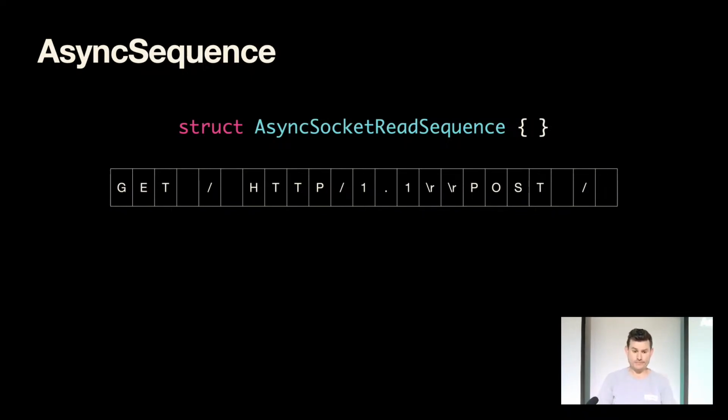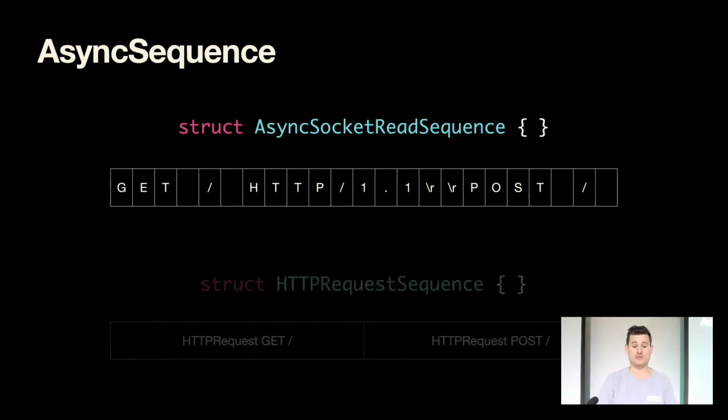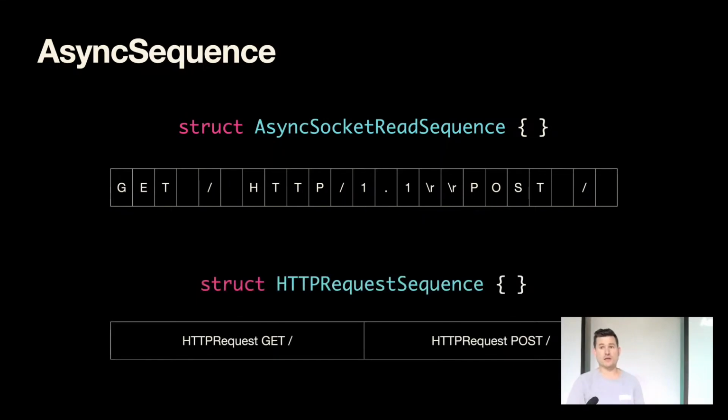And it's amazing that once you've got a single sequence of bytes like this, you can easily transform that into something a little bit more useful. So a sequence of bytes, you can use that to map that into a sequence of requests.